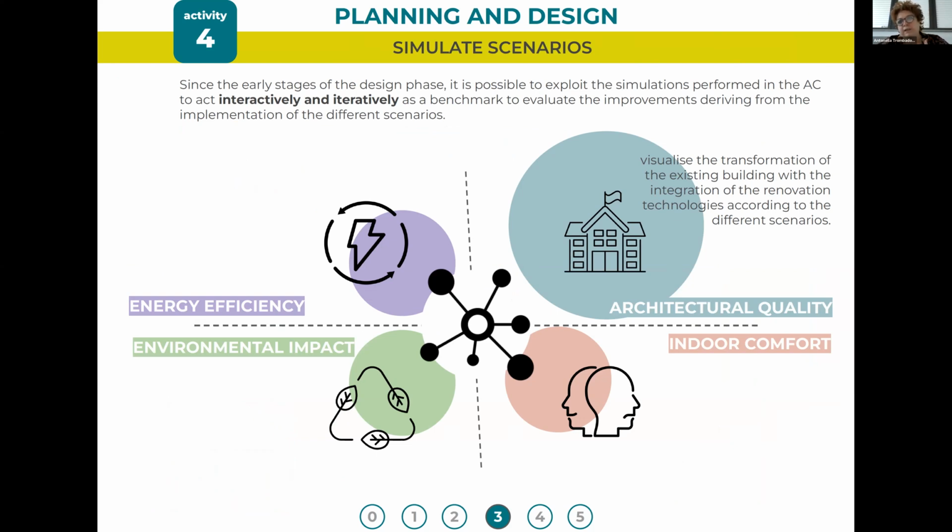So according to the level of knowledge and skill of the student, you can involve them in different activities, okay? Of course, maybe if they have some skill in the simulation tool, they could be involved to analyze the performance, but also to create a 3D model, or to create a digital twin, or to create mass modeling of the building and of the technology.